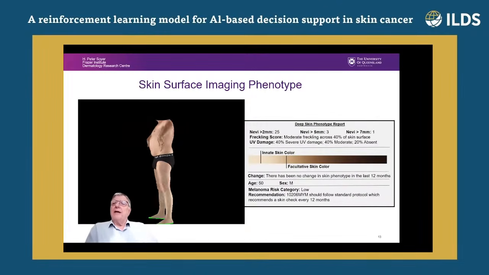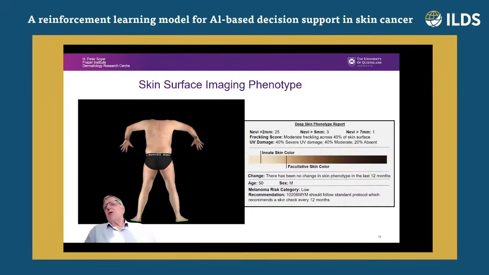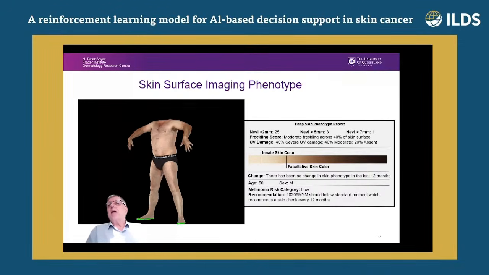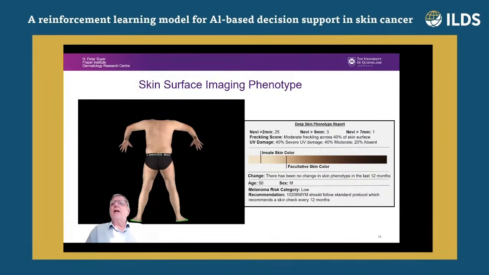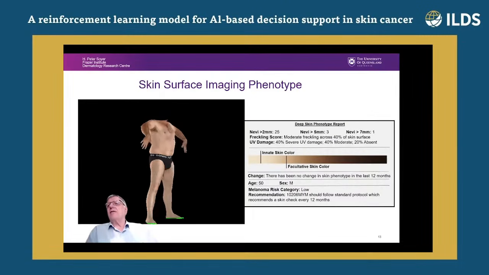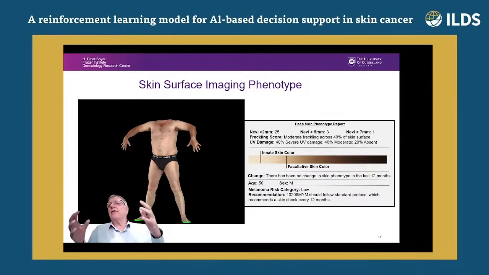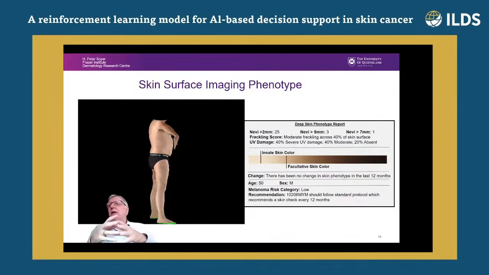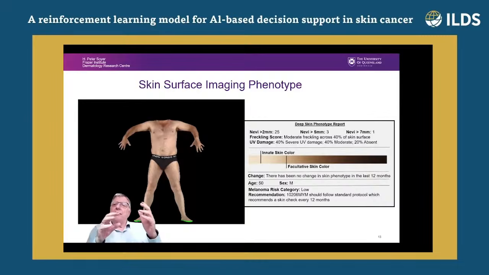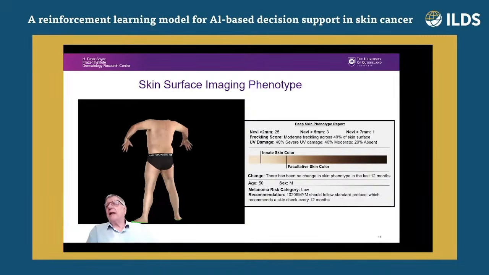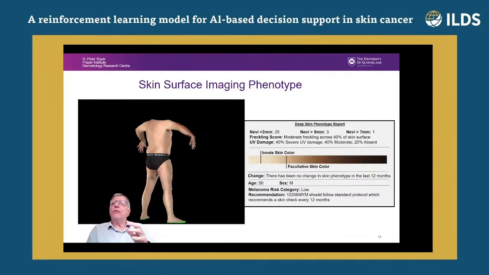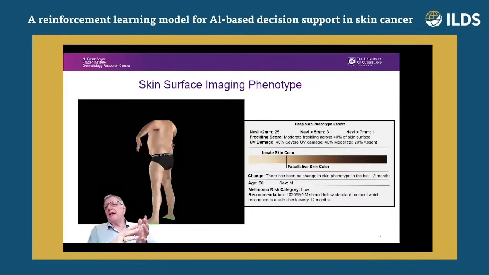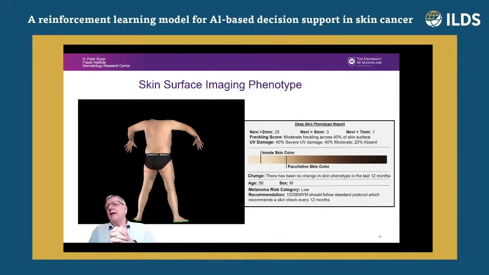We have then, together with our colleagues, particularly from Monash University and the University of Sydney, developed a skin surface imaging phenotype which encompasses a few aspects: the number and size of nevi, a freckling score, the degree and area of UV damage, and of course, which is quite important, the delta between the innate skin color and the facultative skin color.